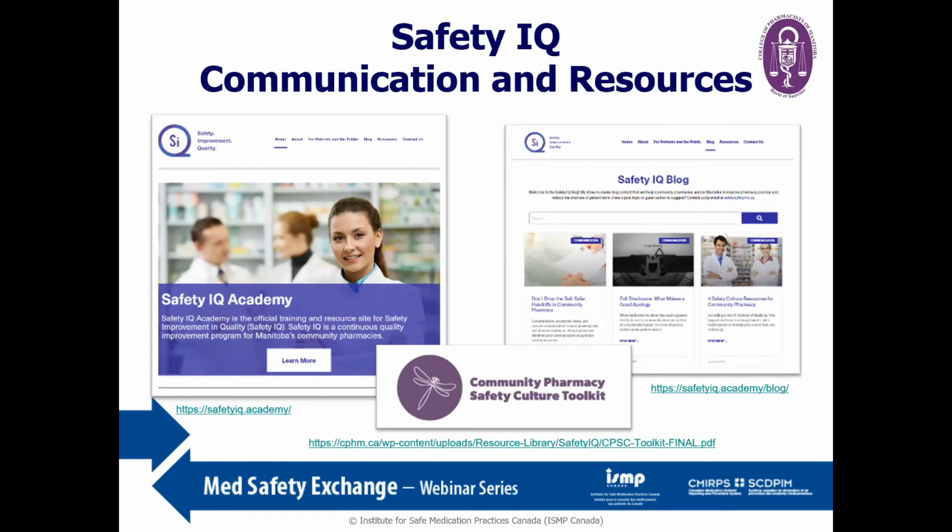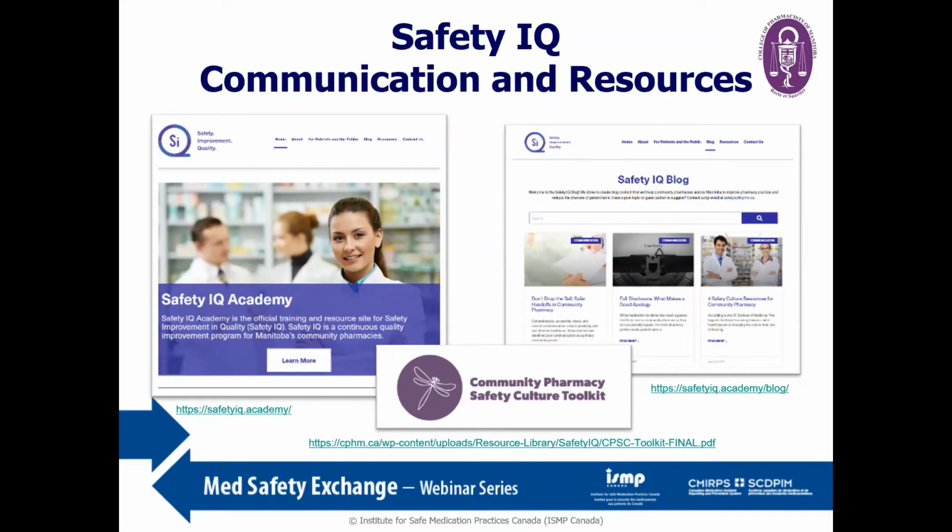The Community Pharmacy Safety Culture Toolkit is a resource to support community pharmacy teams to work towards a just and safe approach to addressing and preventing medication incidents, as well as to promote local team-based solutions for improving patient safety.